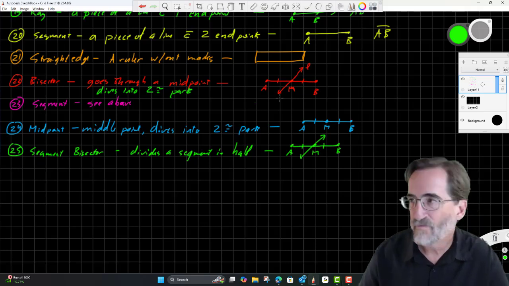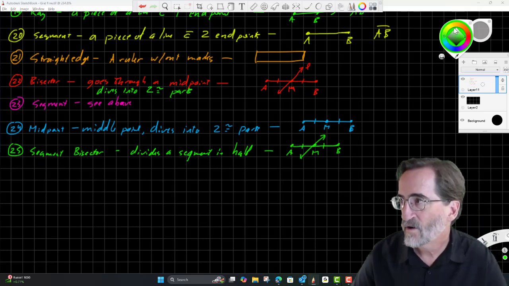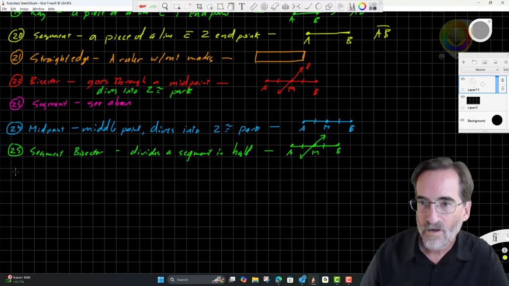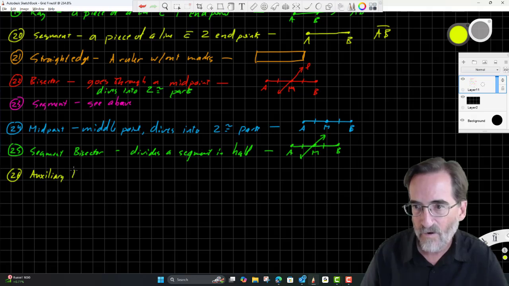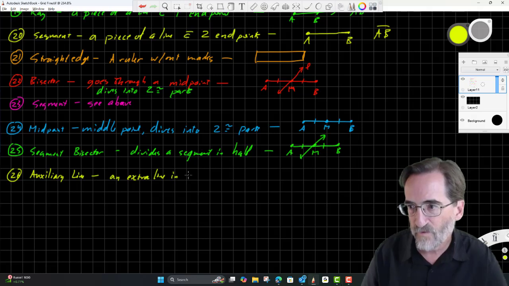26. Auxiliary line. An extra line in a proof.